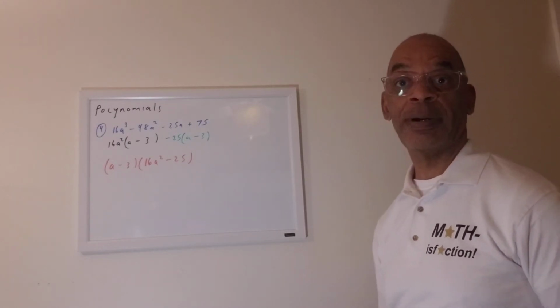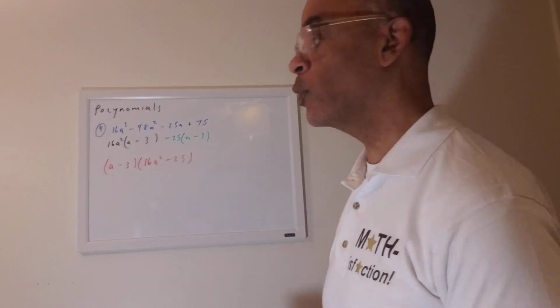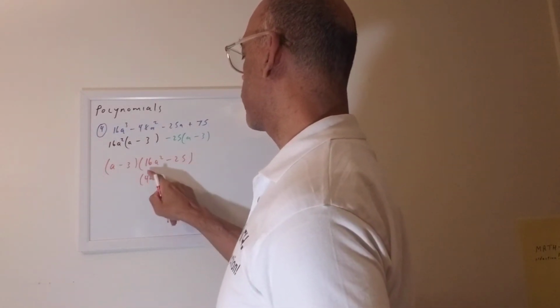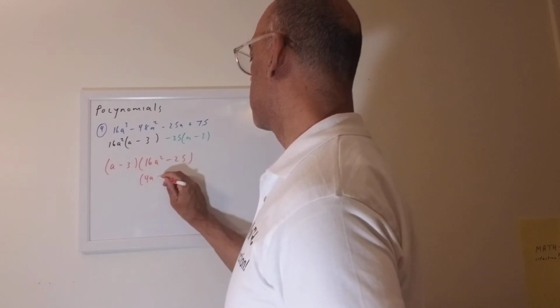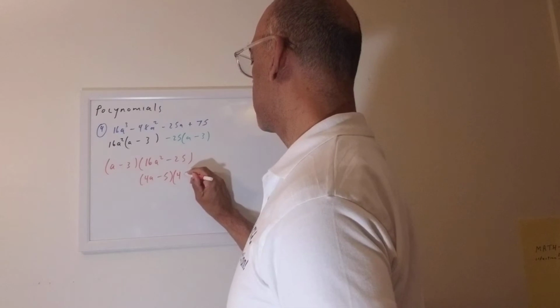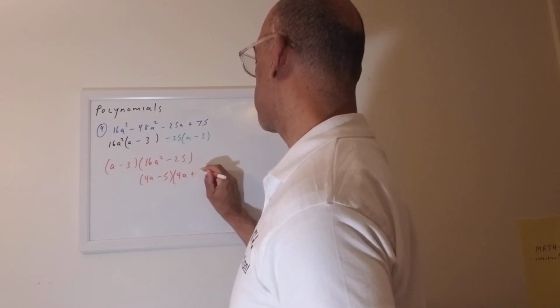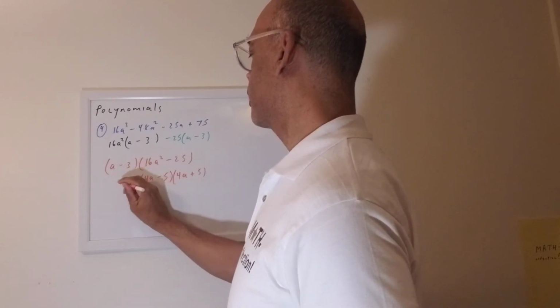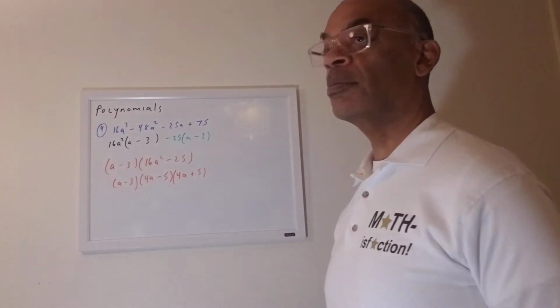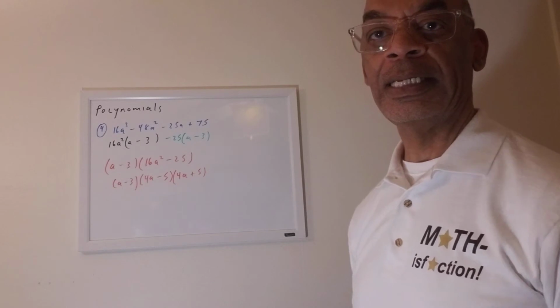It's the special binomial, the difference of squares. I will factor into 4a, because 4a is the square root of 16a squared, minus 5. 5 is the square root of 25. And this will be times 4a plus 5. Don't forget about your a minus 3. And now this polynomial is factored completely.